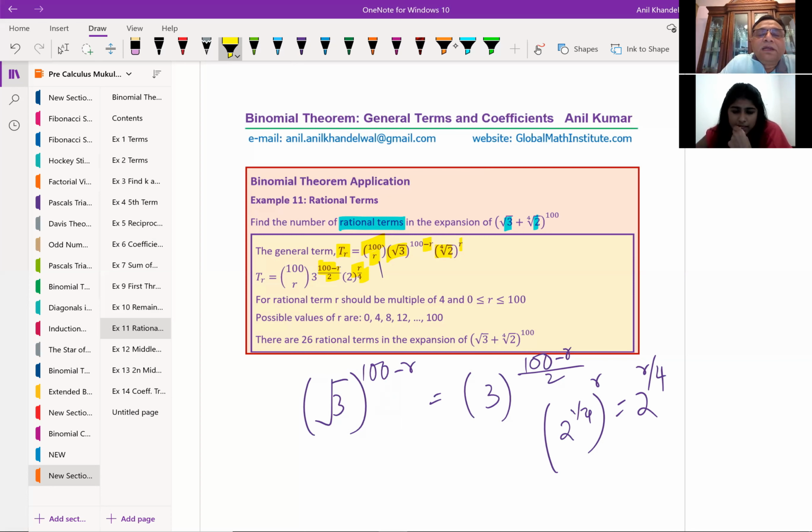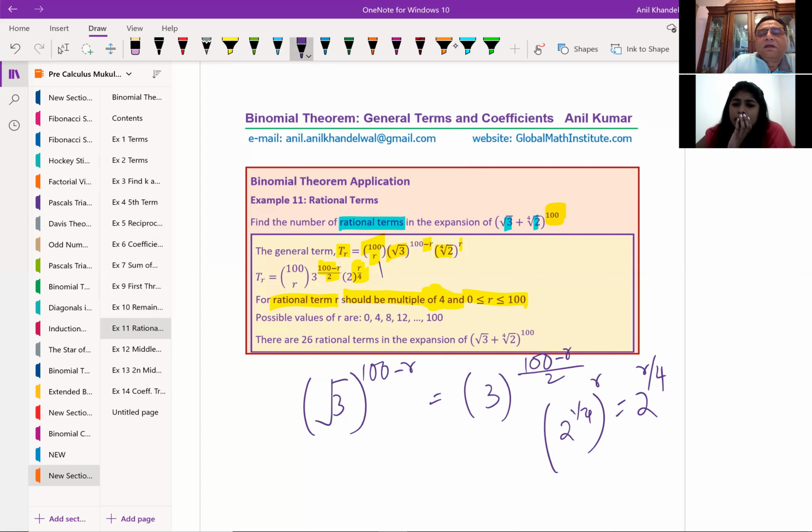Now, if we are looking for a rational term, clearly, what should be R? R should be a multiple of 4, right? Otherwise, it is not a rational number. So we should have a multiple of 4 as the value of R between 0 and 100, correct? Because R is limited by 100. How did you know it was 4?